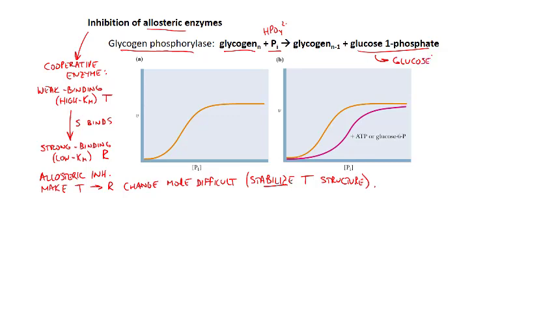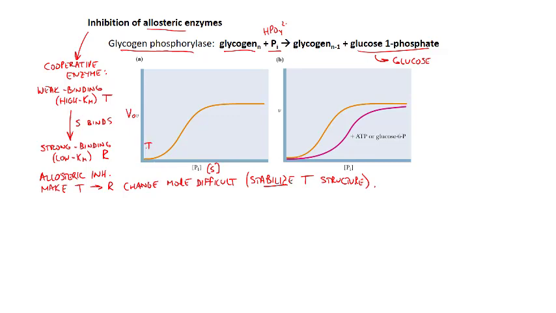So glycogen phosphorylase is allosterically inhibited by ATP. If we have a graph here of our phosphate concentration, that's our substrate, and the initial velocity of the enzyme, at low substrate concentrations, it goes pretty slow, right?